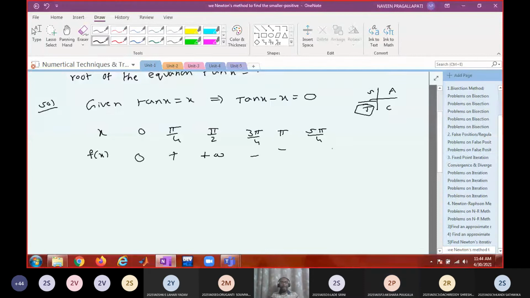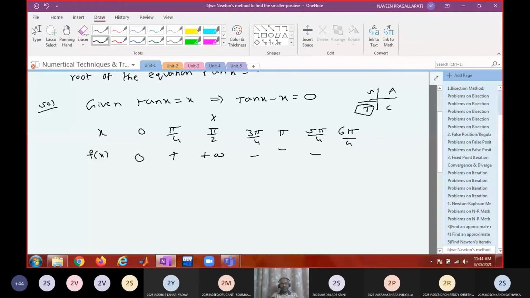Okay. What about 6 pi by 4? That means 3 pi by 2, or any value less than 3 pi by 2. So pi by 2 is a discontinuity. Again, discontinuity occurs at 3 pi by 2. 3 pi by 2 means 270 degrees, no?